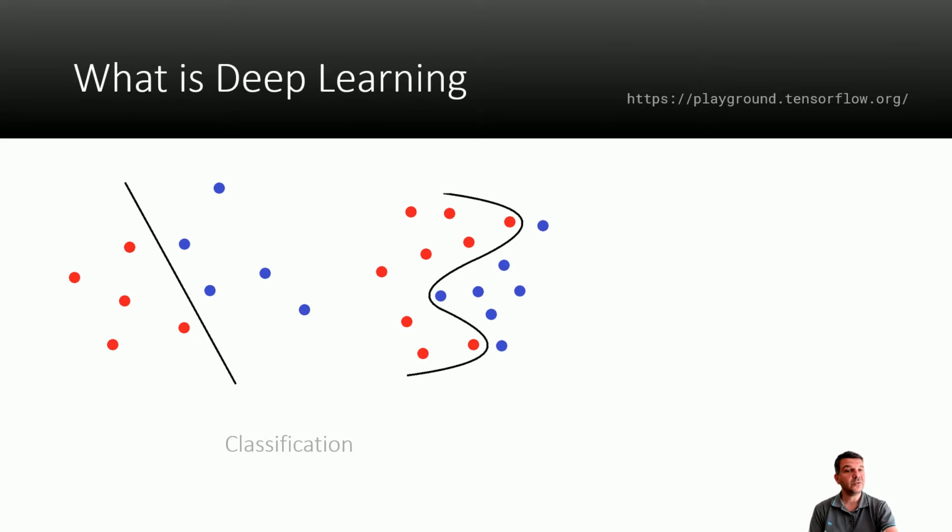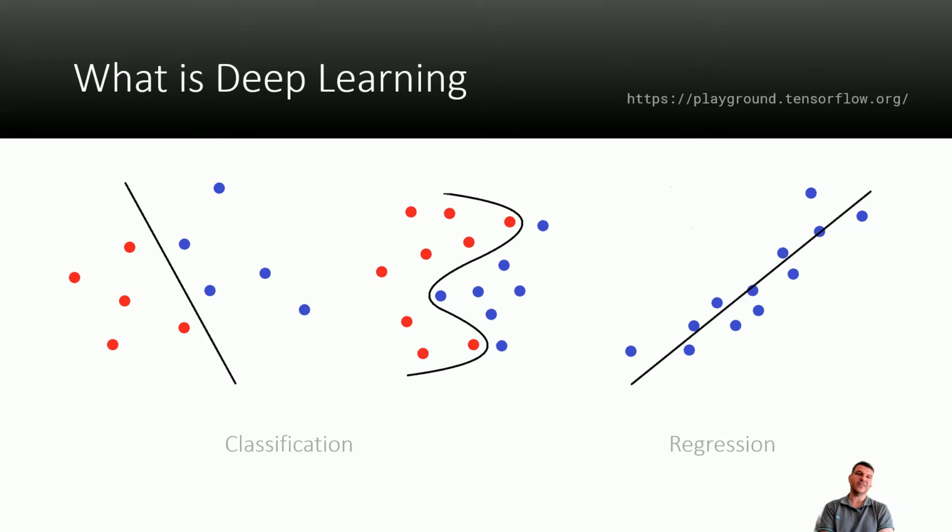The other thing that we talked about was regression, where we try to intersect our data. We try to go through our points and find the line that goes best through those points. So something like that. And this is regression. So these are two different function approximations.